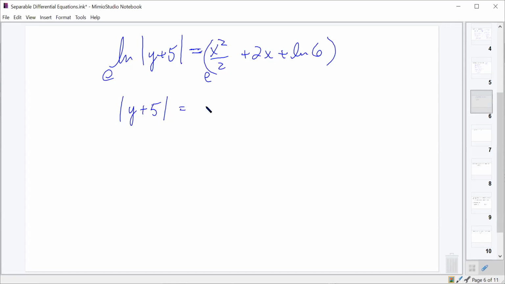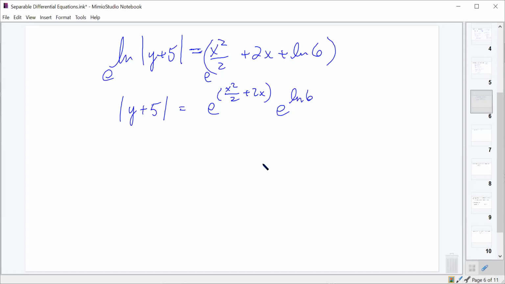But on the right, we should be able to simplify this down a bit. One thing that you should always do if you've got e to a power of a bunch of things added together, and one of those things is just the natural log of some number, or in fact, if it's natural log of anything, separate the ones that are not a natural log and multiply that by the other one.